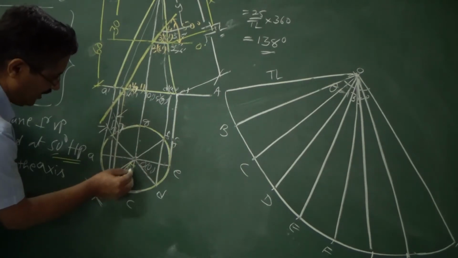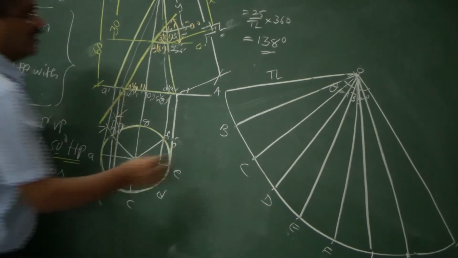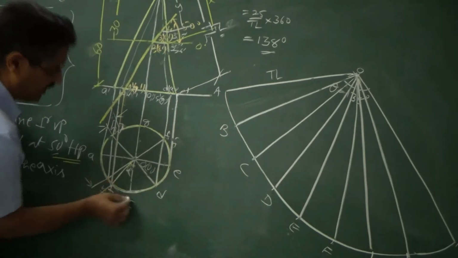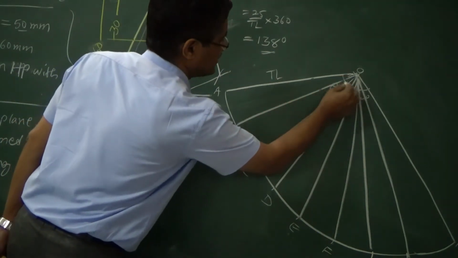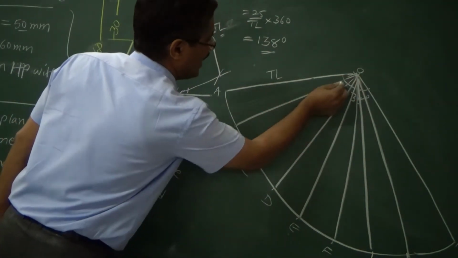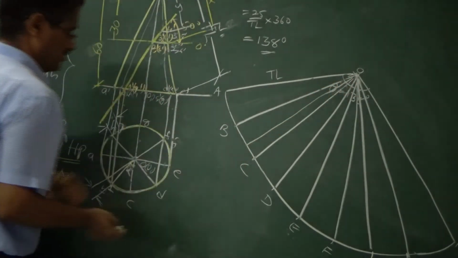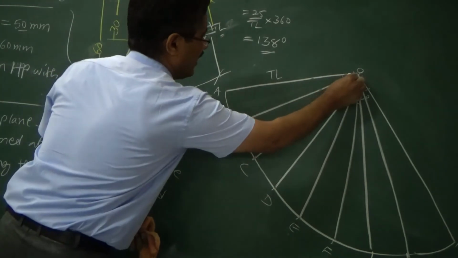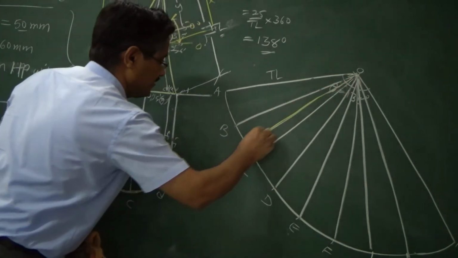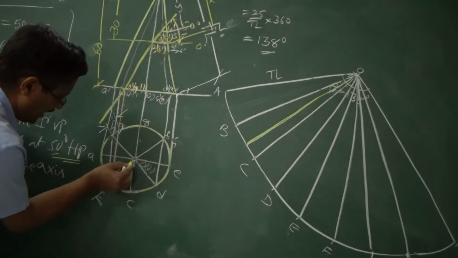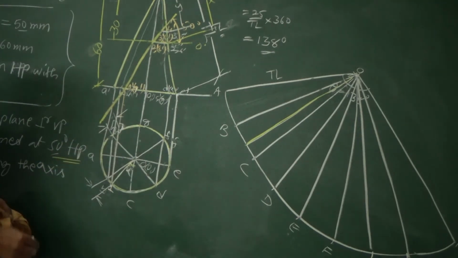That angle you have to measure, and it should be marked between B and C. So when you mark it here, you get one more line. I am drawing that in a colored line. That is the angle we get here, alpha.